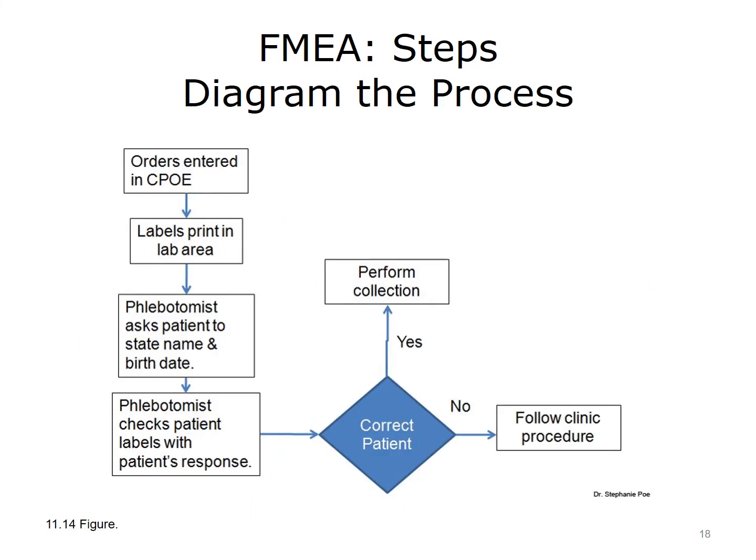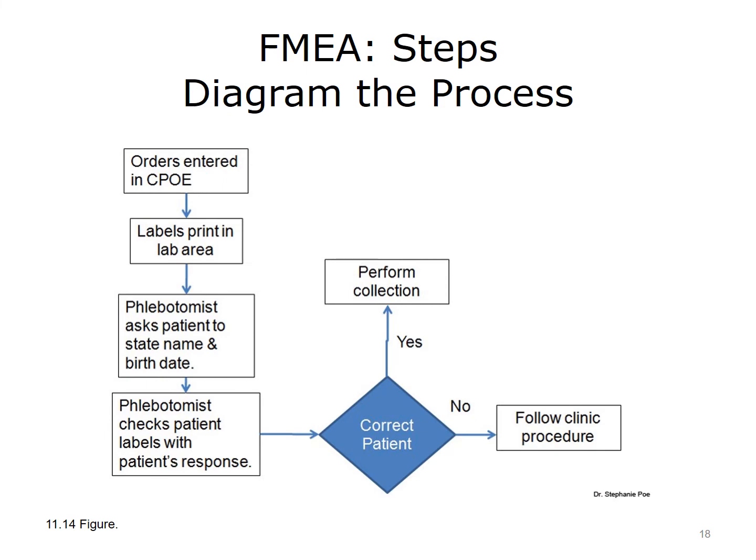The flowchart diagram starts with CPOE orders entered. It is connected to "labels print in lab area." This one is connected to "phlebotomist asks patient to state name and birth date." This one is connected to "phlebotomist checks patient labels with patient's response."